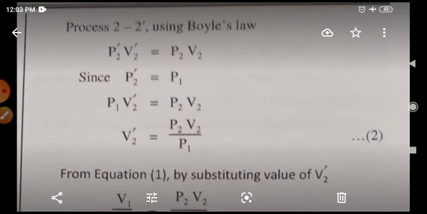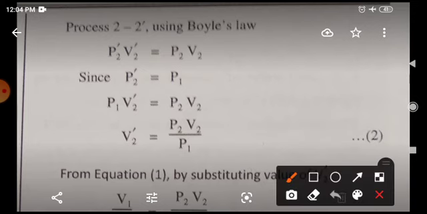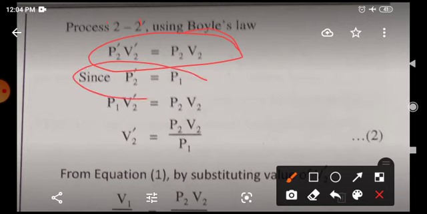Now, by using Boyle's law, P1 V1 is equals to P2 V2. Let's write the equation for the process between 2 dash and 2: P2 dash V2 dash is equals to P2 V2.